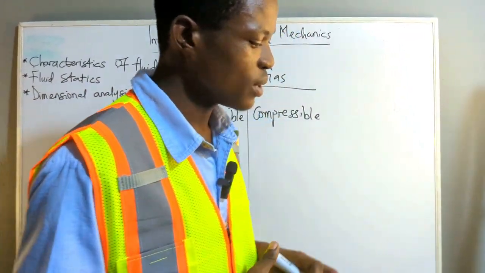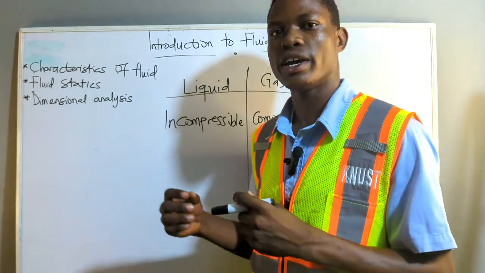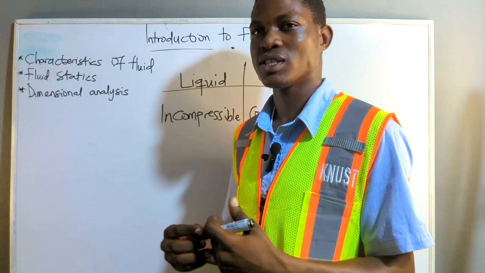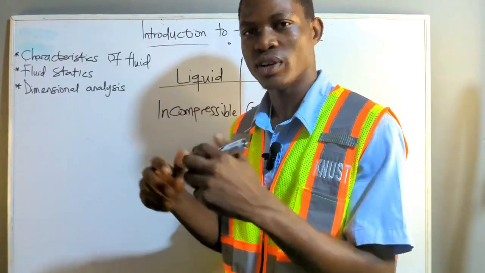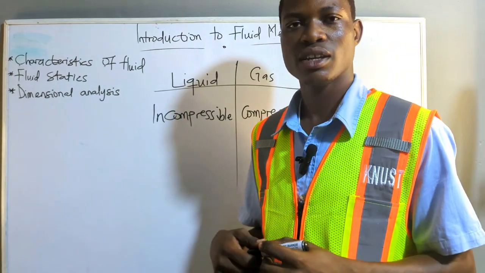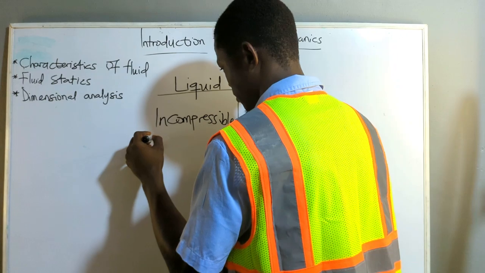We can also look at one difference, that the liquid takes the form of the container. Whenever you pour water in your water bottle, it takes the shape of the container. So it means, in terms of shape, the liquid takes the shape of the container.